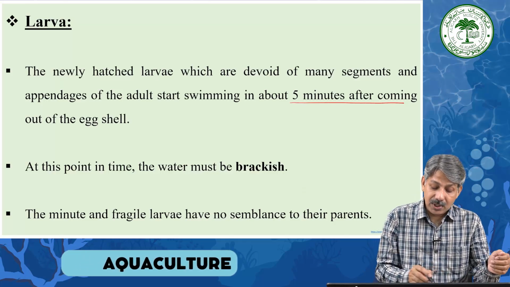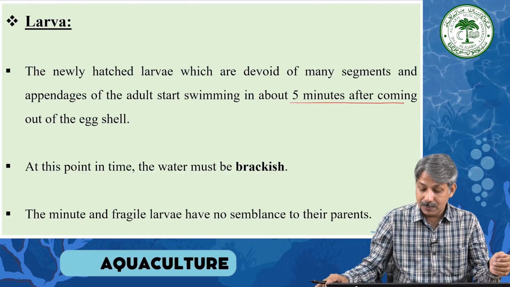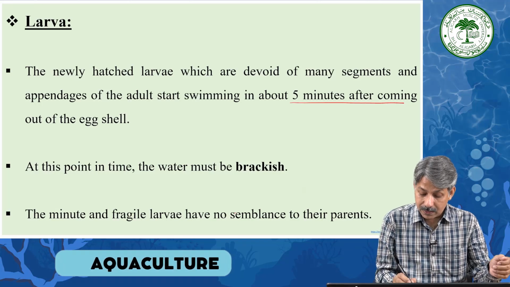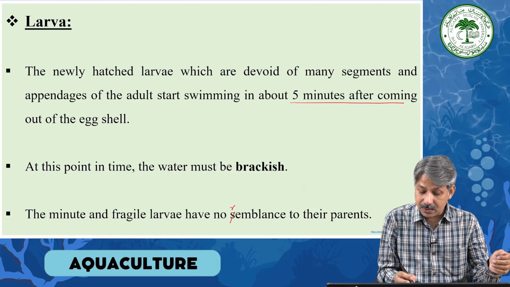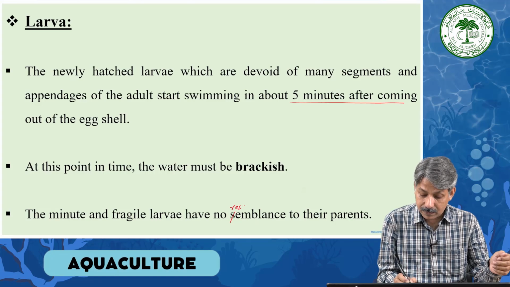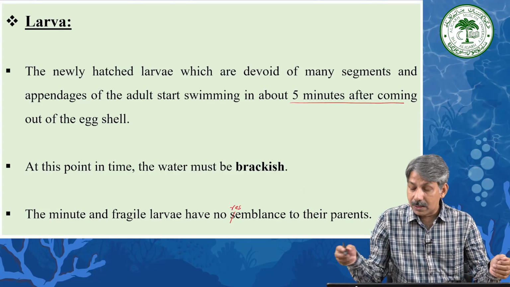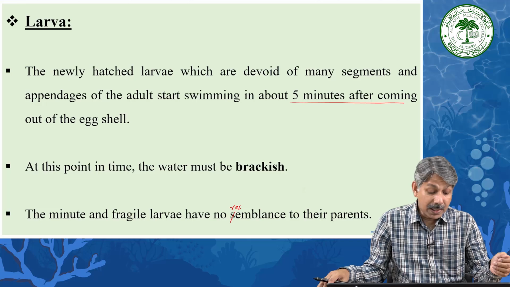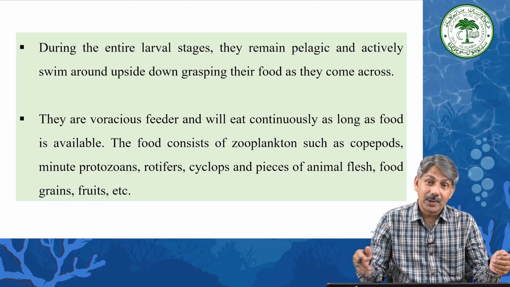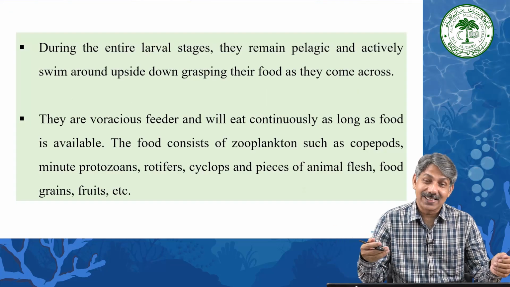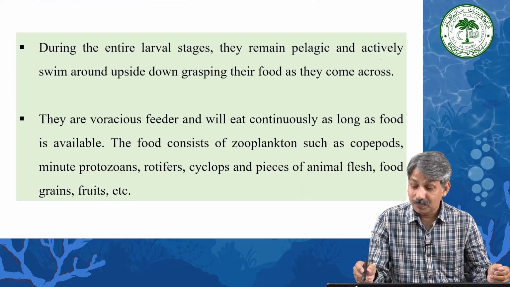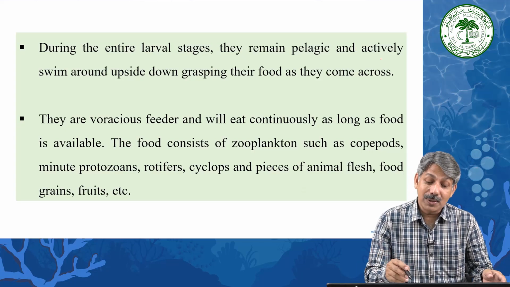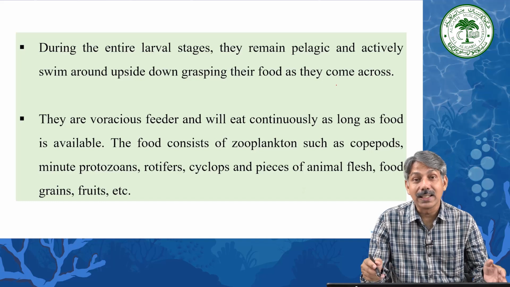The minute and fragile larvae have no resemblance to their parents, so they may not look like what they are supposed to look like as adults. During the entire larval stages, they remain pelagic and actively swim around upside down, grasping their food as they come across.